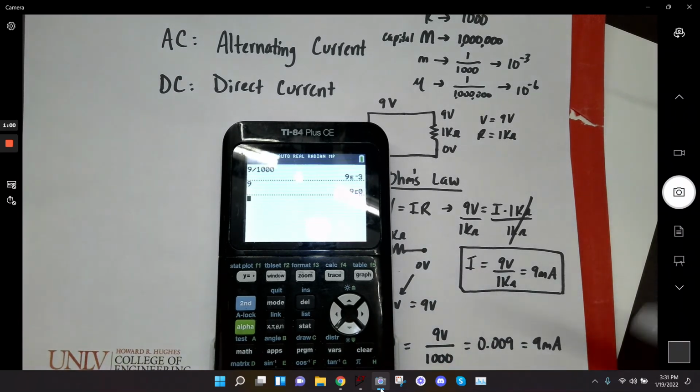In this case, it was milliamps because we were trying to find current, right? And I said earlier that the unit of current is amps. So if you guys want to use engineering mode on your calculator, that could be beneficial. You'll also see, I think in LTspice, if it's milliamps, I don't think it'll give you 9 milli. It'll say 0.009, right? So you'll have to kind of know, like, okay, 9 times.